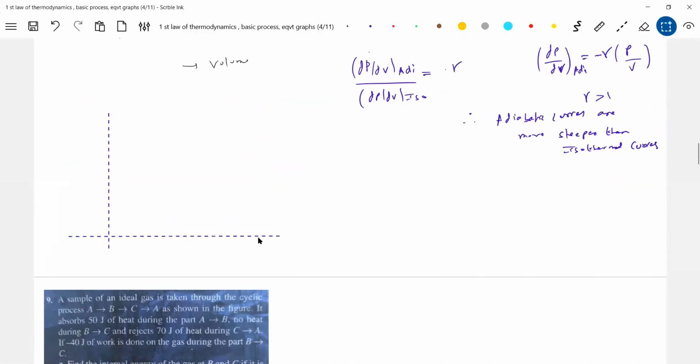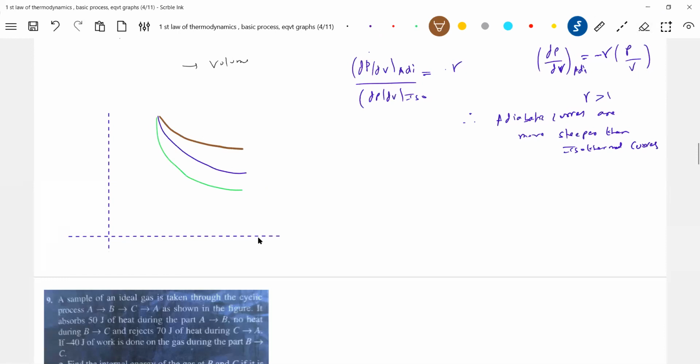Okay, 3 different graphs. Can we say anything about them?